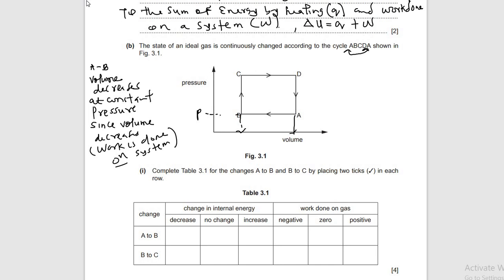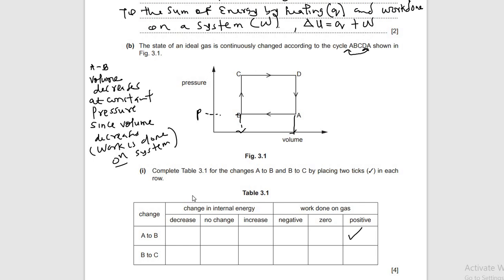If volume is decreasing, work is done on the system. So when work is done on the system, from A to B, we say the work done is positive because work is done on the system.